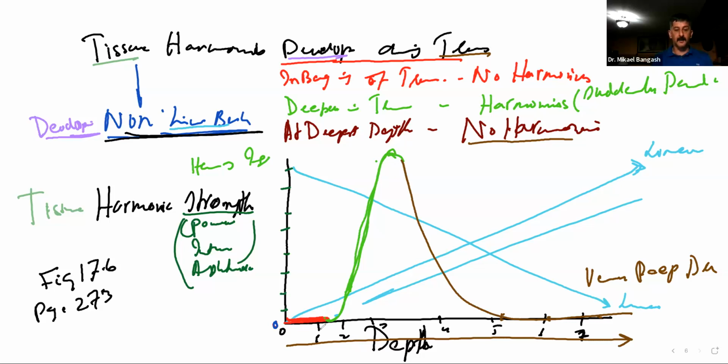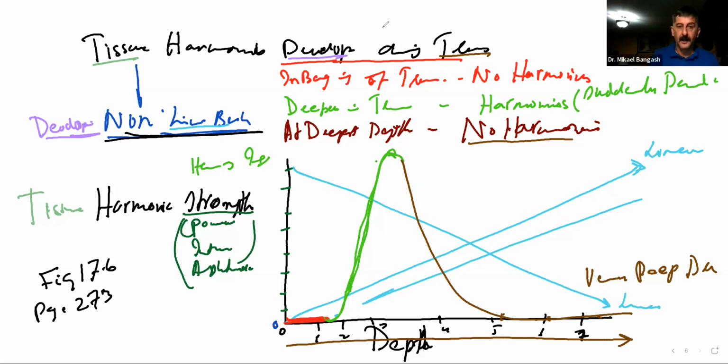At some point it's going to reach a climax or a peak of the strength of your harmonics, after which it's going to be even more non-linear because it will start to decrease.